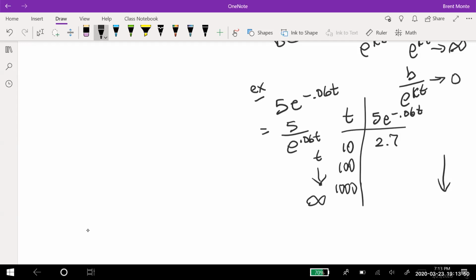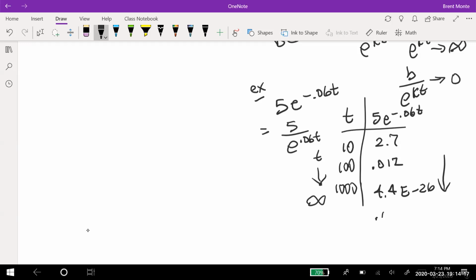If I do it to the 100th power, I get about 0.012. And if I do it to the 1,000th power, now it's a very small number. It's 4.4 e to the negative 26.